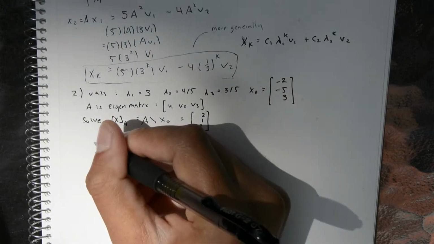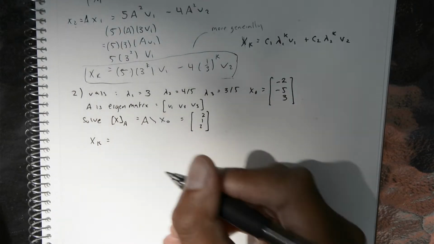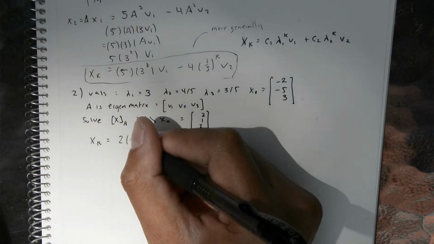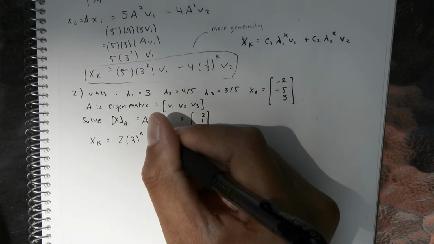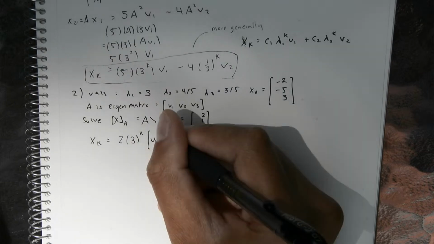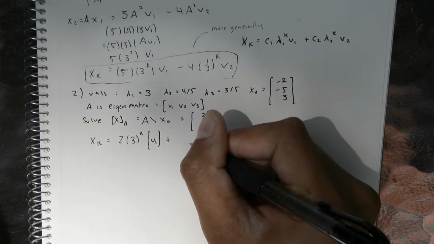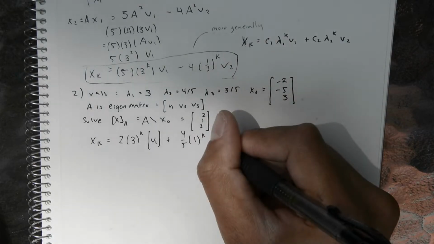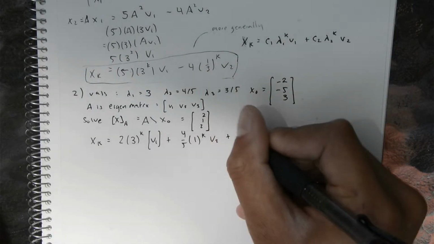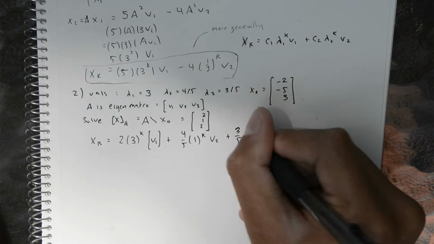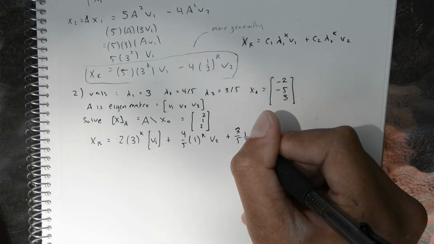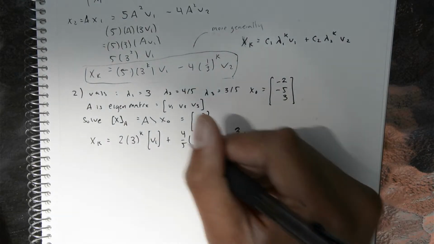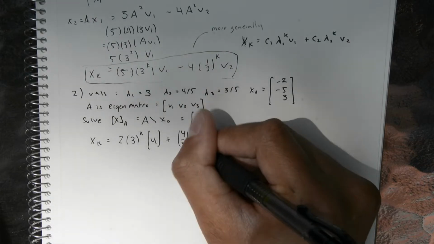So now we can just write xk is equal to 2 times 3 to the k times v1 plus 4/5 to the k times v2 plus 3/5, oh wait, I did this wrong.